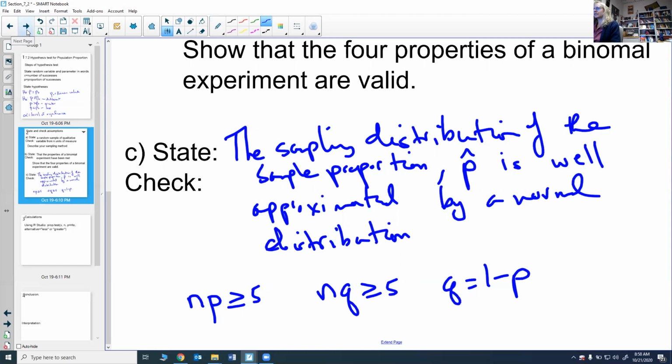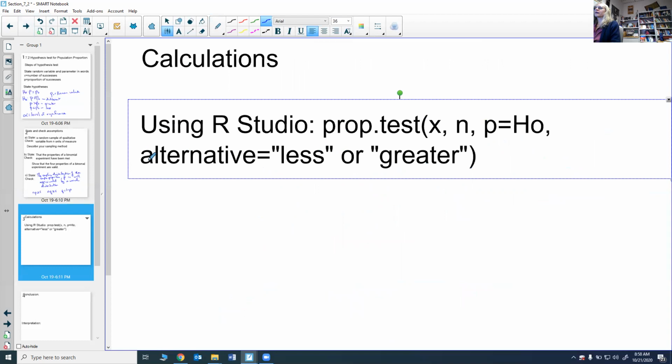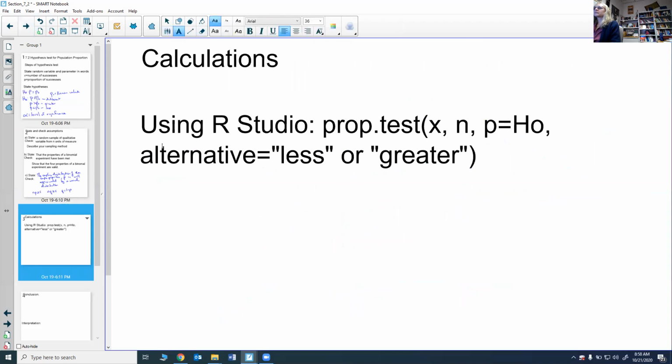Again, these assumptions change depending on what your parameter is. Once we have that, we can then go through the calculations. We are going to be using RStudio for these calculations, and it's a lot easier than doing it by hand. The way you do a proportion test is prop.test, so prop.test is the command.